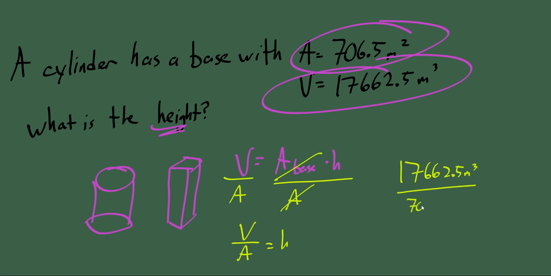We've got the area, 706.5 square meters. That should get us the height. 17662.5 divided by 706.5 is 25. Meters cubed divided by meters squared is meters to the 3 minus 2, which is just meters. Meters to the 1, one-dimensional.